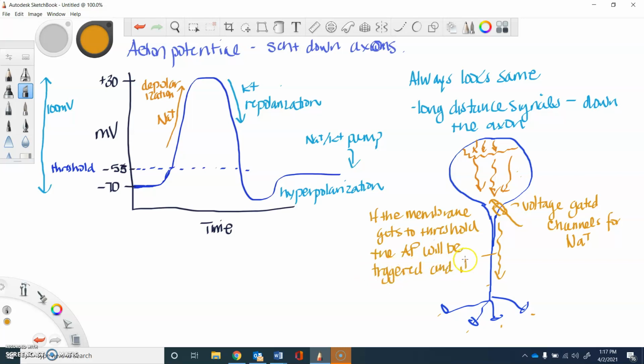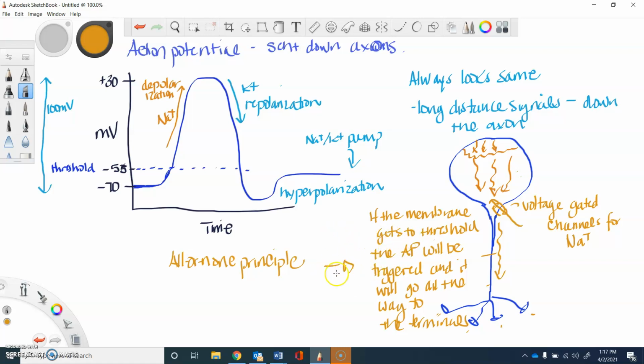And it will go all the way to the terminals. That is called the all or none principle. So it either doesn't go at all or it goes all the way. Okay, there's no middle ground there.